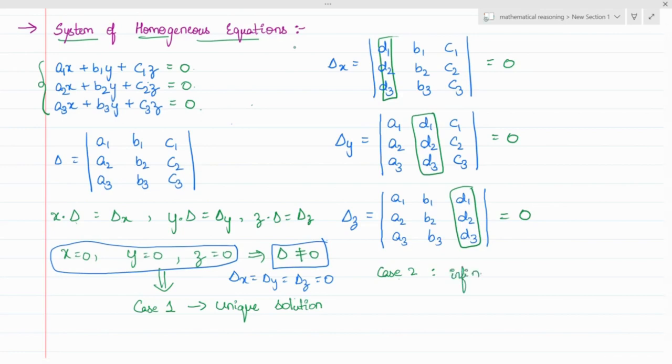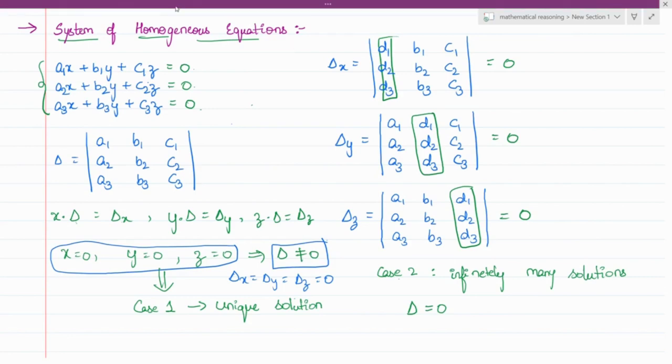So this kind of system of equations has only two cases, that is a unique solution and infinitely many solutions. Here the main condition is delta is equal to 0.